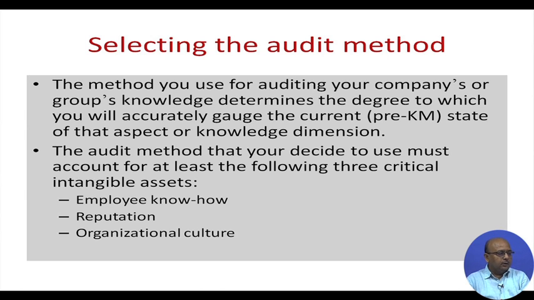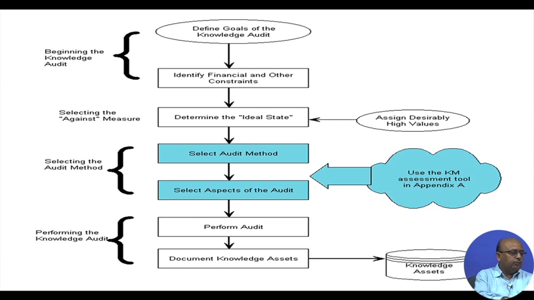If you want to audit the company's knowledge base and your current knowledge state, it is very important to understand what people know in your organization, what their competence, knowledge base or skill is, what the reputation of the organization is, and what kind of culture exists in the organization. So, when you are talking about selecting the audit methods, basically there are two issues: select audit methods and select aspects of the audit.